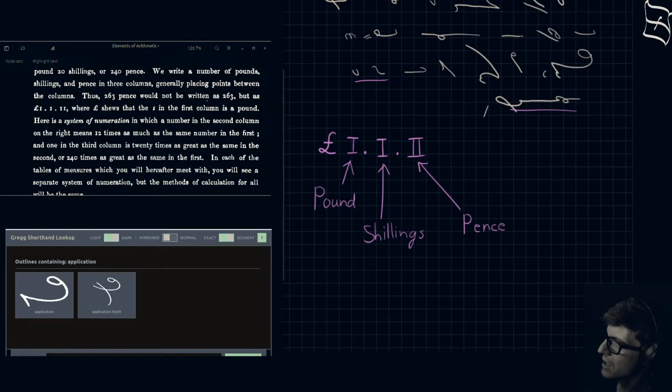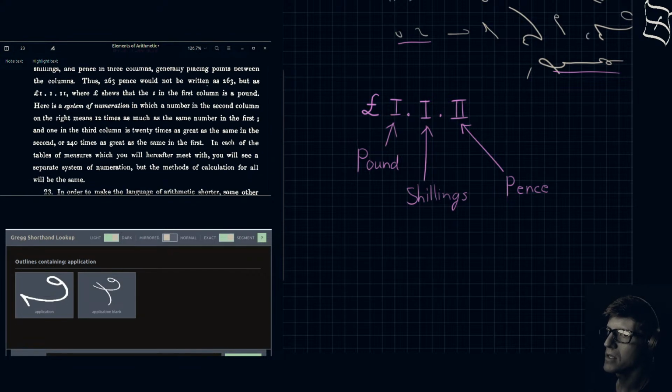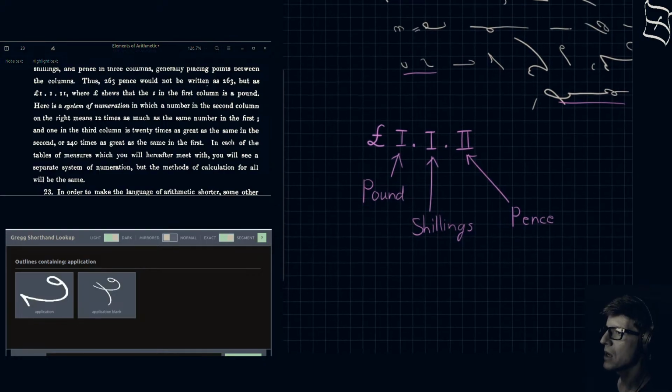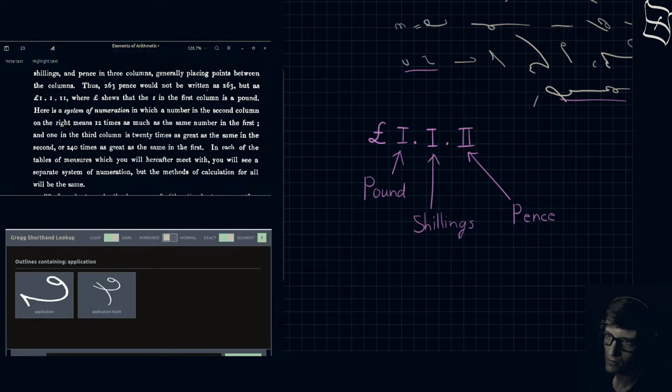Here in America, of course, and I'm going to lay that down below. Below this example, you'll see that we use all base 10 in our money, whereas in Britain they use a slightly different method, which is: here is a system of numeration in which a number in the second column on the right means 12 times as much as the same number in the first, and the one in the third column is 20 times as great as the same in the second, or 240 times as great as the same in the first.